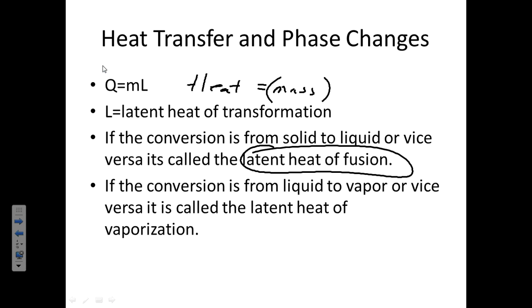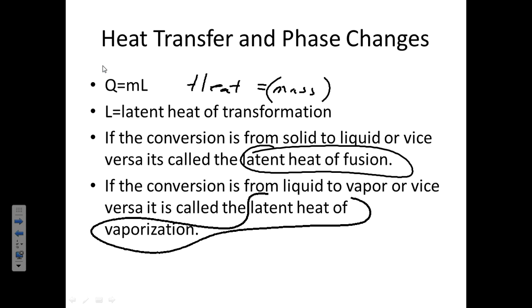If we're talking about turning from a liquid to a gas, or from a gas to a liquid, the L is called the latent heat of vaporization. This L is a different number than that L. They're both constants, but it depends on what change of state we're trying to do.